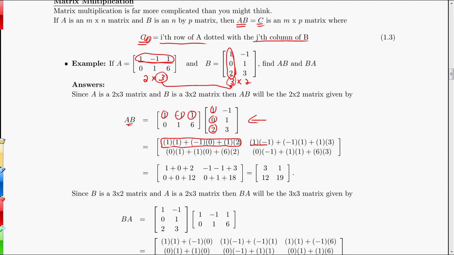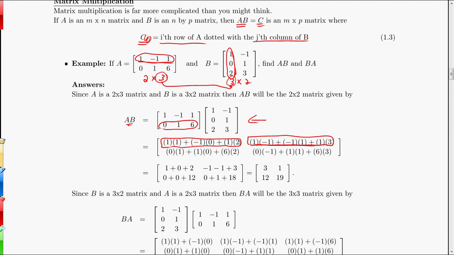Now the next term, first row, second column, comes from taking the first row in A and dotting it with the second column in B. So it's 1 times negative 1 plus negative 1 times 1 plus 1 times 3. That gives you first row, second column. If I want second row, second column, I have to do the second row in A.